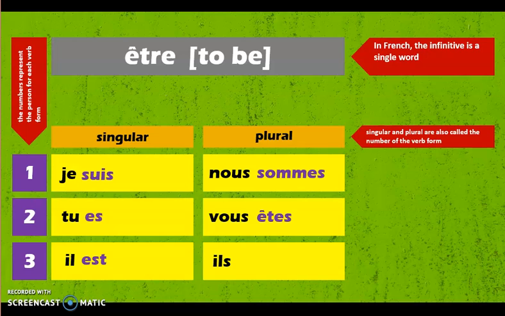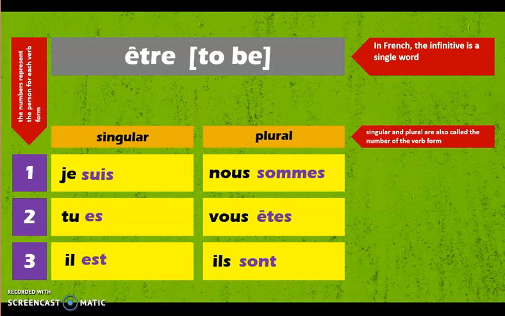And again, the final S is not pronounced. And then finally, the third person plural form, which means they are, is going to be ils sont. Notice I hear neither the N nor the T. But because that O is followed by an N, which is a nasal consonant, I get to use a beautiful nasal sound. On, ils sont.